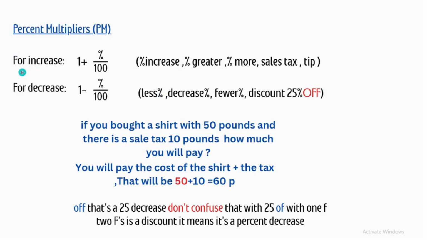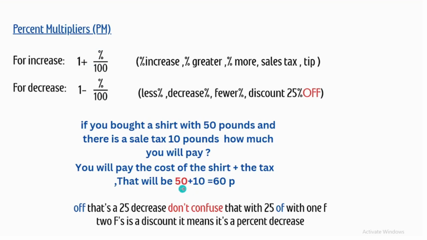Here, when we look at the percent multiplier for increase, when we talk about an increase in percent, we write 1 plus percent over 100. Why 1 plus percent? I started with this example for this.